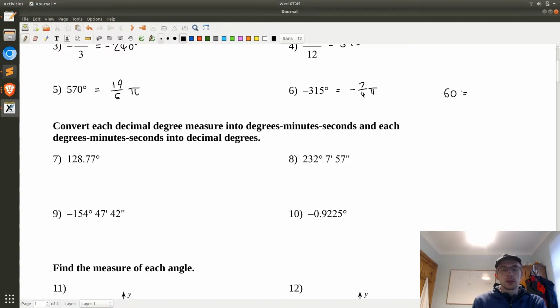So in olden times, or perhaps still today, they divided a single degree up into 60 minutes and a single minute into 60 seconds. So really we just have to worry about the 0.77 degrees. How many minutes is that? 77 out of 100, we have to make that have a denominator of 60.